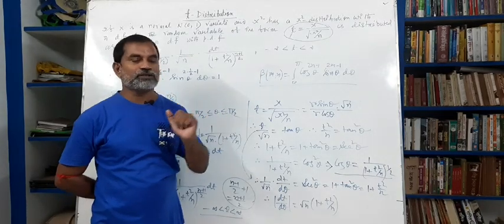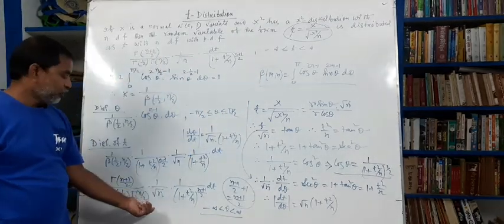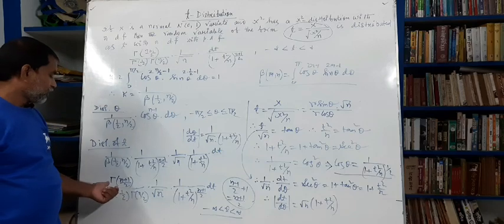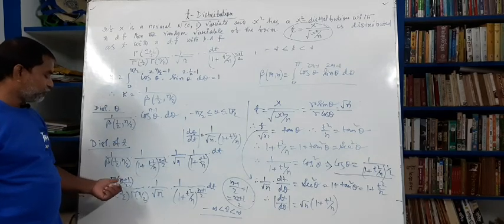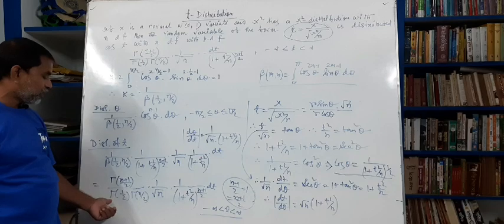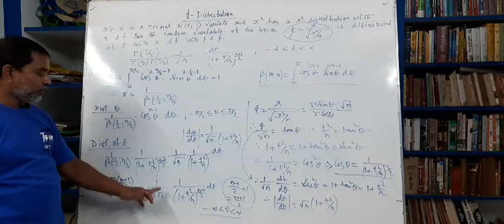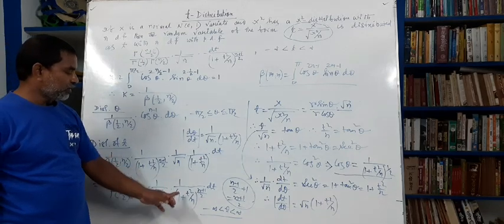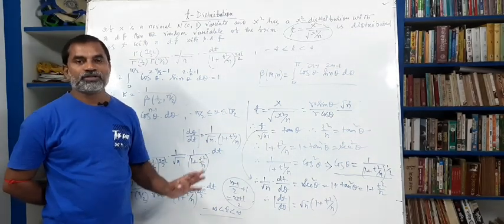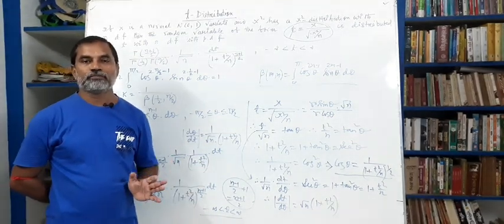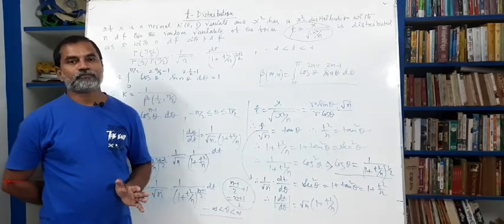Here we proved that the probability density function of the t distribution is gamma of n plus 1 by 2 divided by gamma half into gamma n by 2, 1 by root n, 1 divided by 1 plus t square by n whole to the power n plus 1 by 2 dt, and t belongs to minus infinity to infinity.